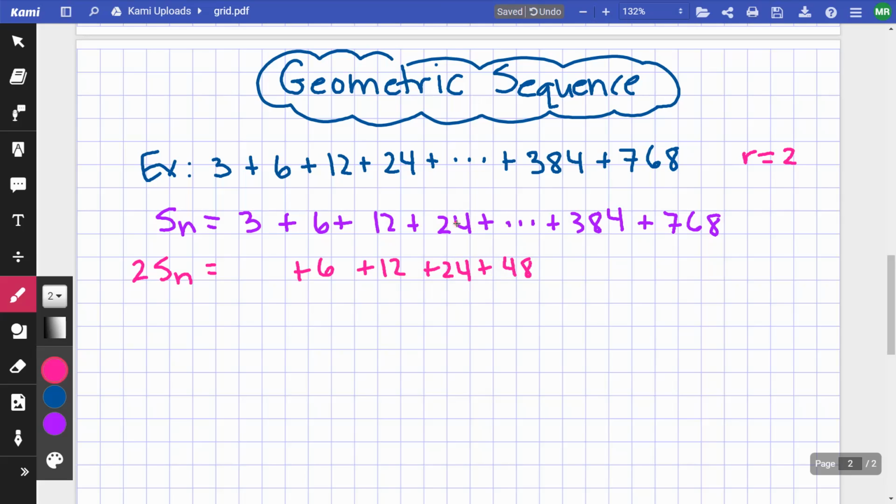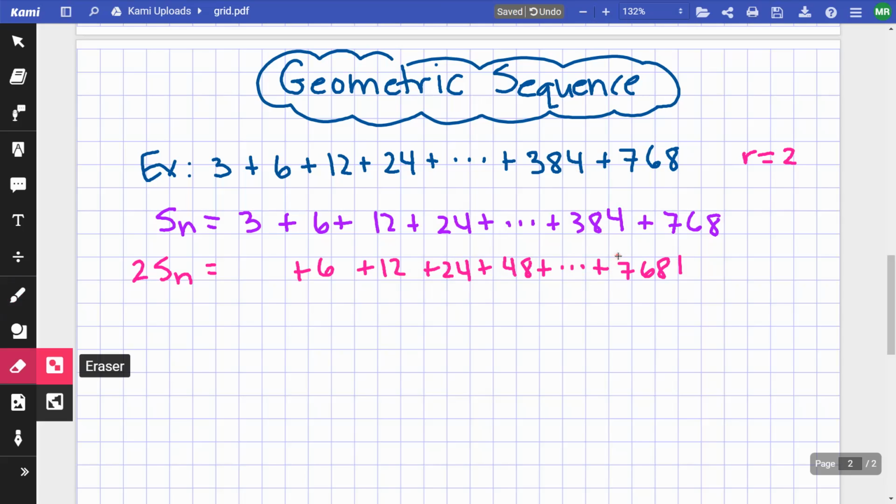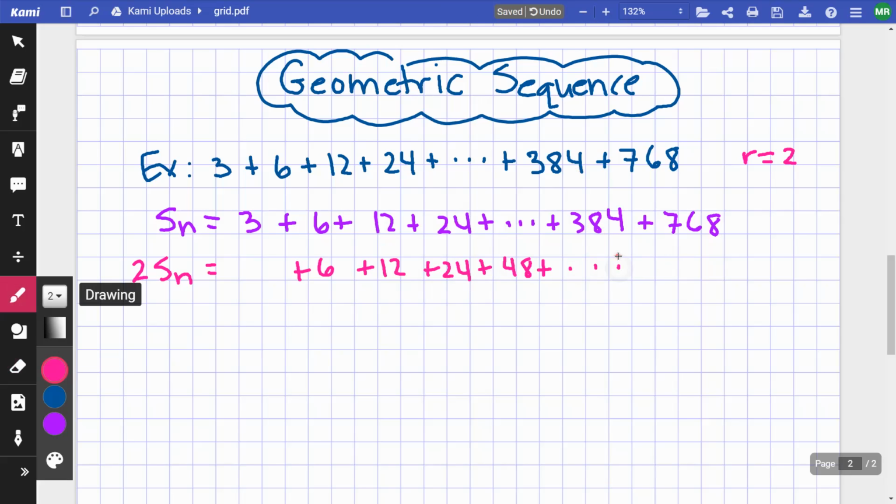And I would have had a 48 here. I just didn't list every single term. Plus ... When I take my 384 and times it by 2, I get 768. So let me line that up under 768. Then I'm going to take 768 times 2, and that's going to be 1,536.